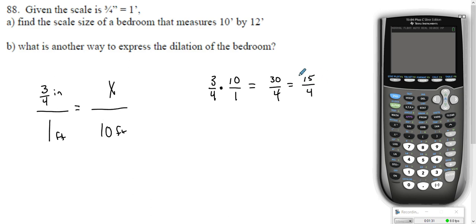Now, this is an ugly way to write a fraction, so let's write this as a mixed number, a whole number and a fraction. The way that you do that is you take this denominator and ask how many times it goes into 15. Well, 4 times would be 16, so that doesn't work.